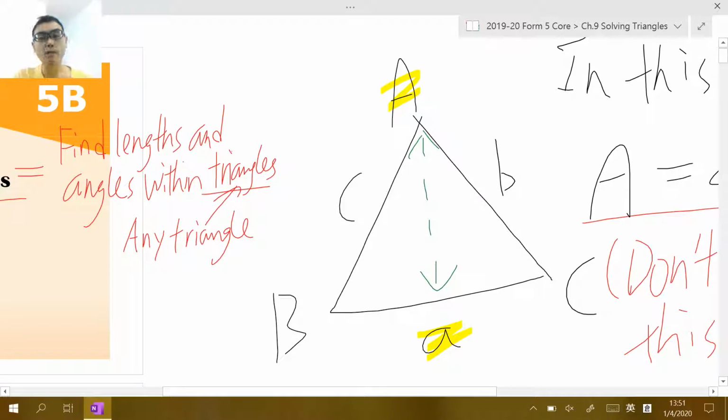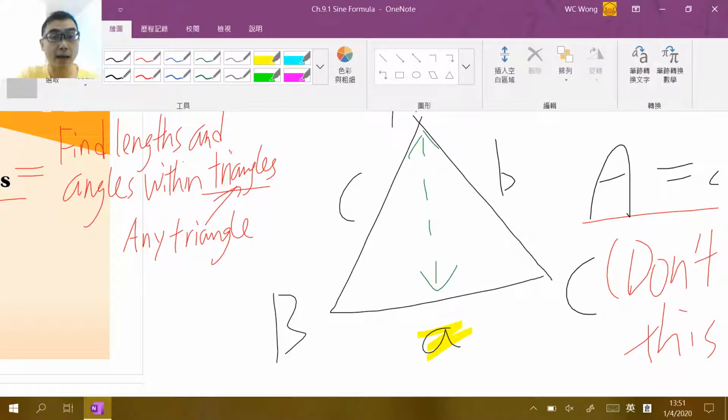And do remember that in this chapter, for convenient writing, we have to label the names of the angles and the lengths with a certain order. What does it mean? For example, if I write capital A, capital B, capital C for the vertices this way, then we will say the length which is opposite to the angle A will become small a. You can see what I have highlighted here.